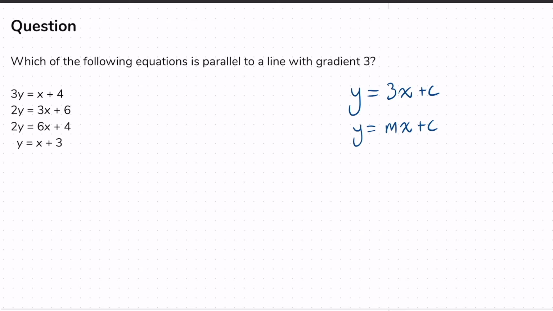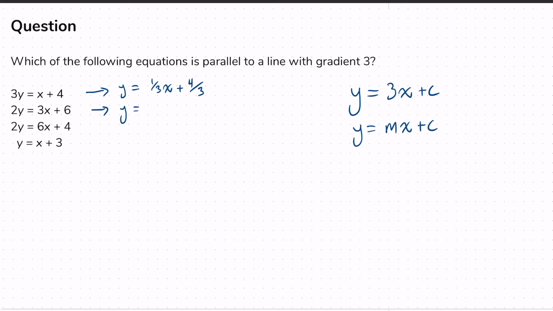So what I need to do is turn each of these equations into the form y equals mx plus c, and I'm looking for one that has 3x. So this first one here, I divide both sides by 3, giving me 1/3 x plus 4 over 3. Ruling that one out.